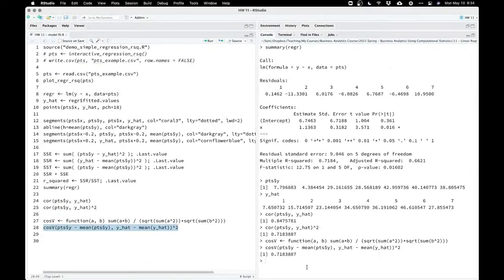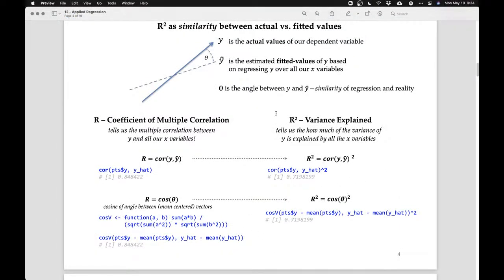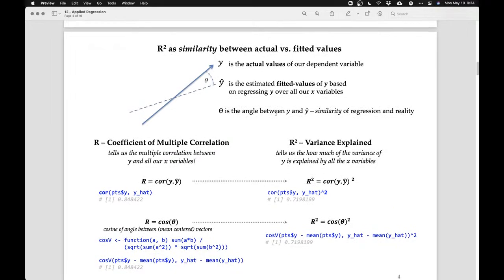So whether I use cosine or correlation, it comes to the same idea. Another way of looking at R squared is it's the similarity of your actual Y values and your fitted Y values. It's the correlation squared.